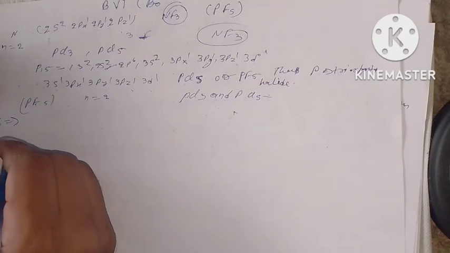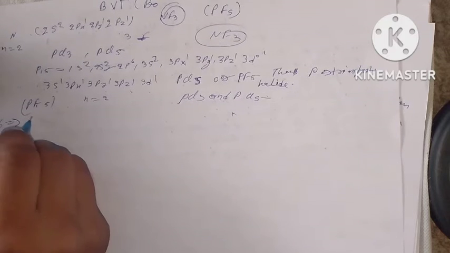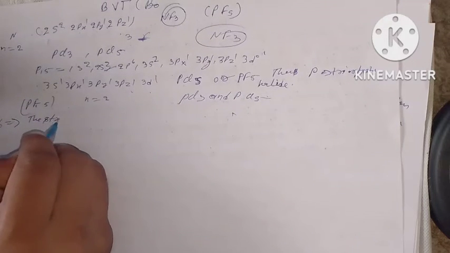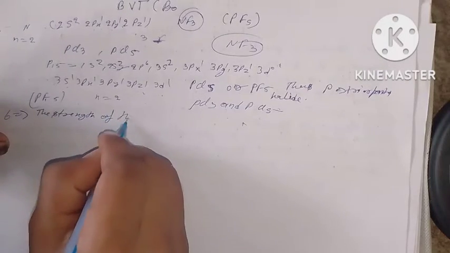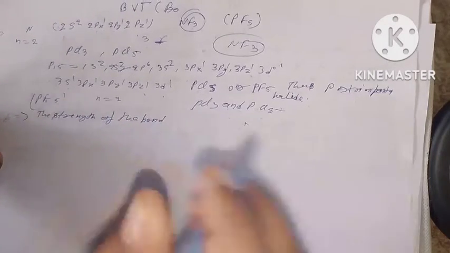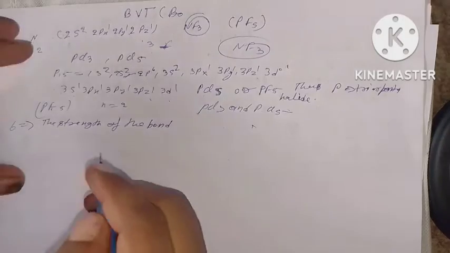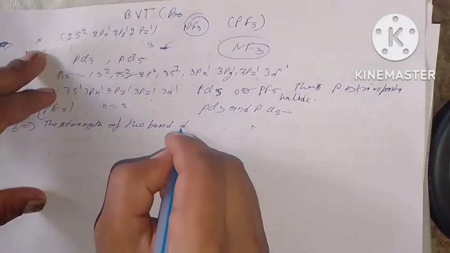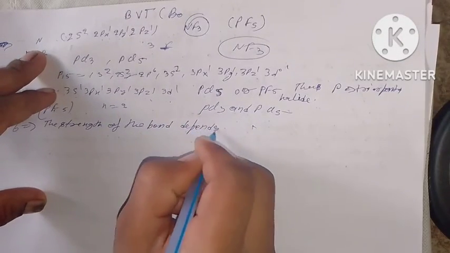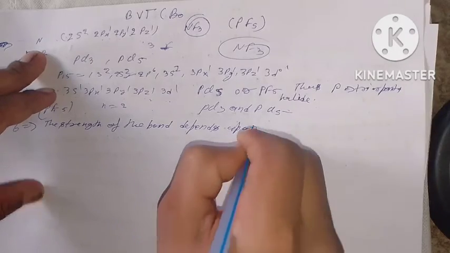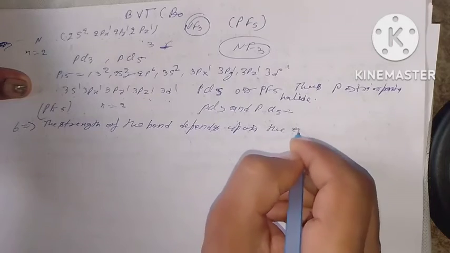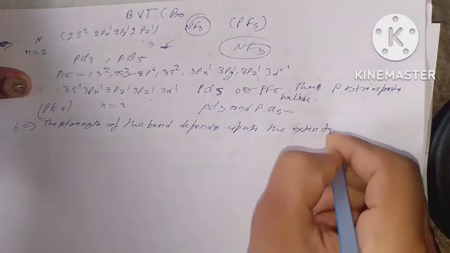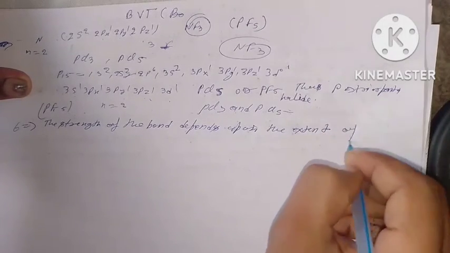Point 6. The strength of the bond depends upon the extent of overlapping.